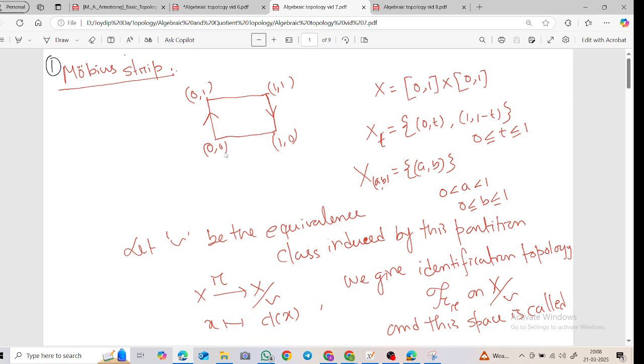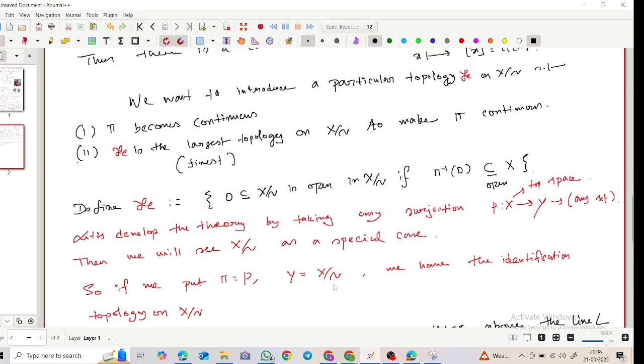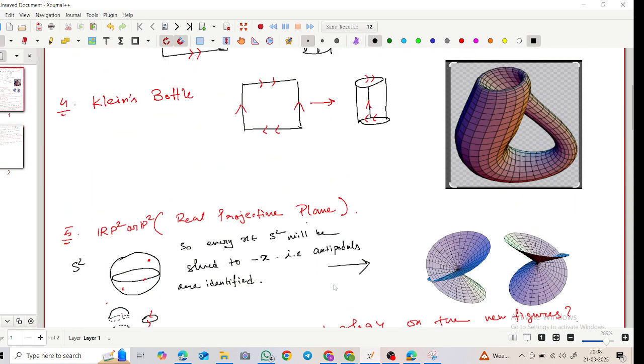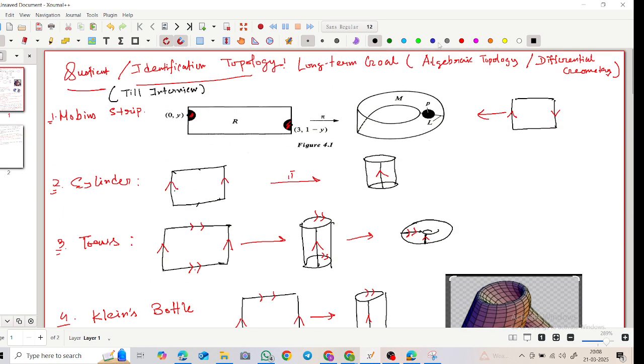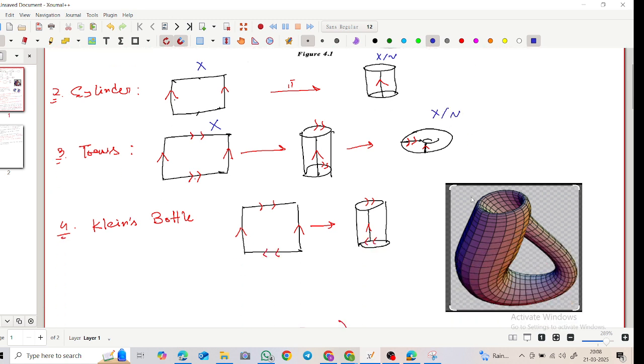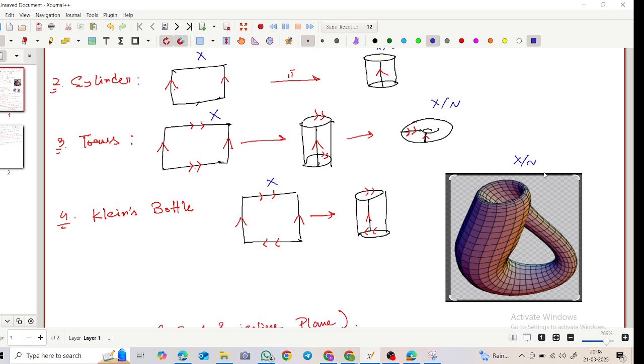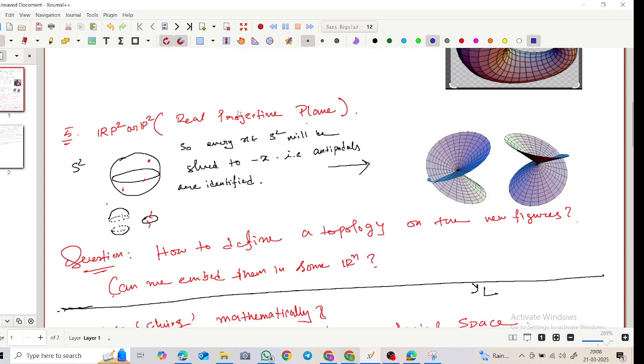I mean, if this is our X, there will be some equivalence class under which this is your exterior. So we are about to find in the next class what those equivalence class relations are.